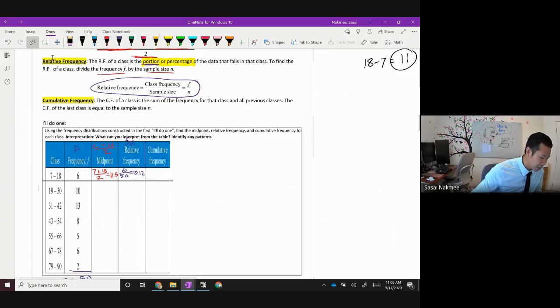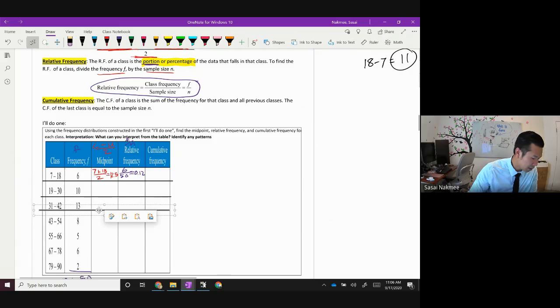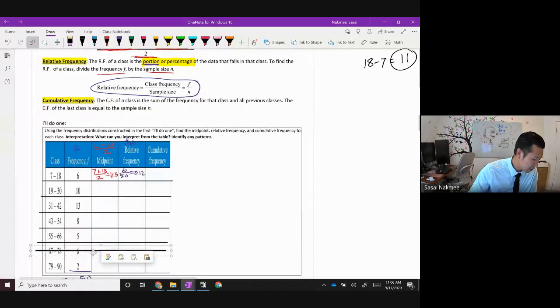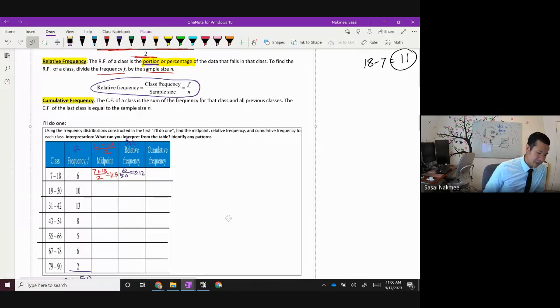I'm going to cheat even further. Paste, paste, paste, paste, and paste. All right, so there we go. That makes it a little bit easier to see. You don't have to draw the lines. I'm just drawing them because it's going to be hard to see.